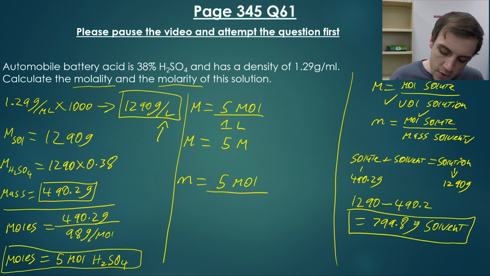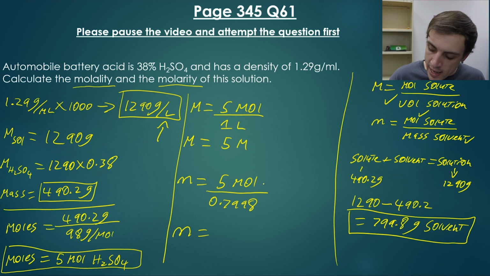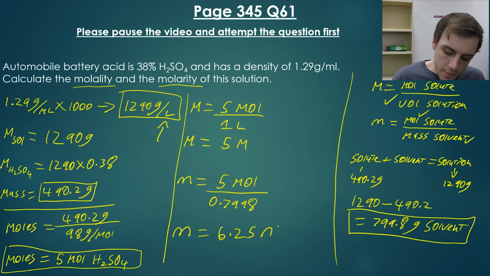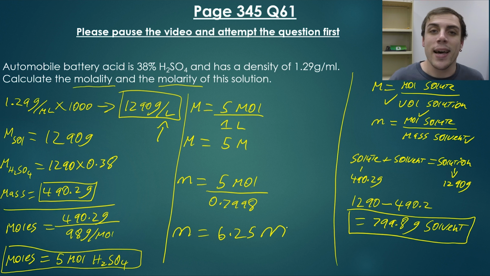So we need to convert this into kilograms, which is going to be 0.7998. Meaning that 5 divided by 0.7998 gives us a molality of 6.25. And that's how we can calculate the molarity and the molality by just being given the density, the formula, and the percentage.